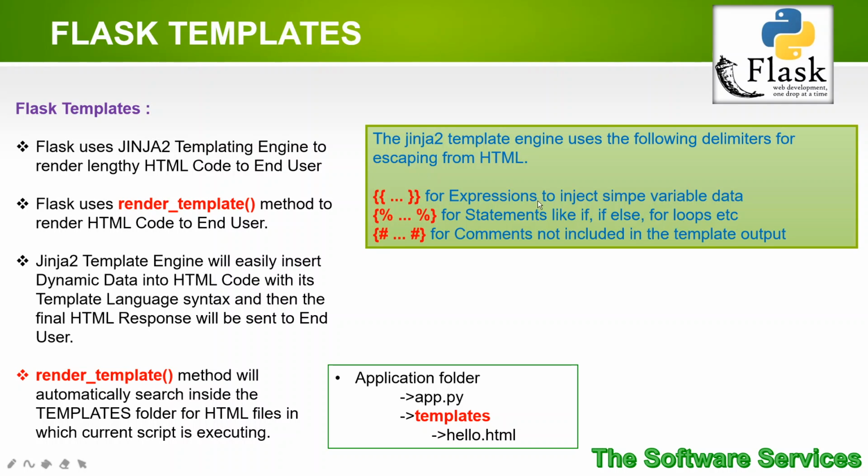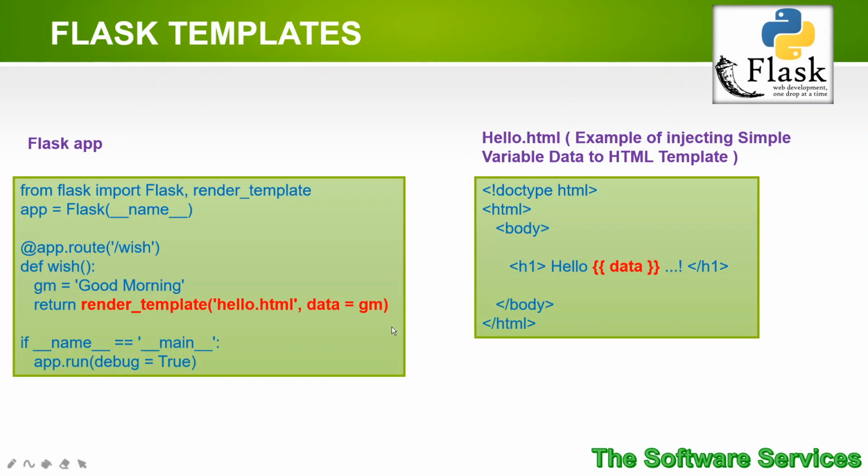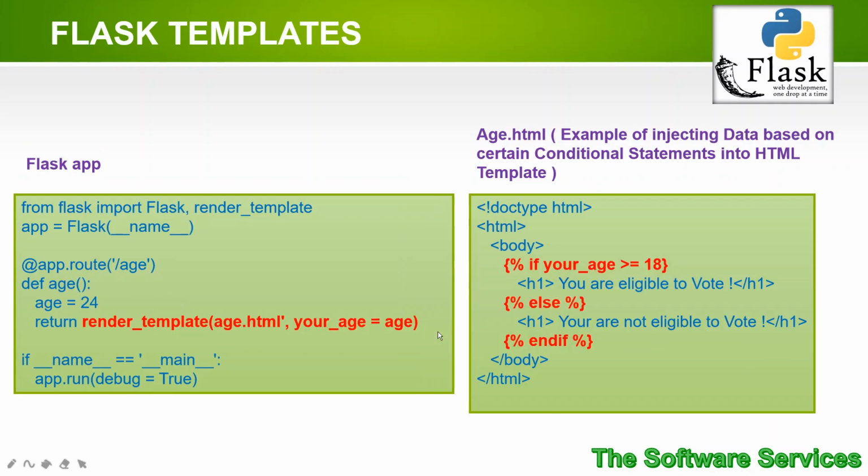We saw this syntax, and now coming to this type of syntax, that is curly braces, percentage, percentage, curly brace. Inside this we will use some conditional statements and looping statements, some complex statements. Let me give an example for this syntax, friends. It is also easy.